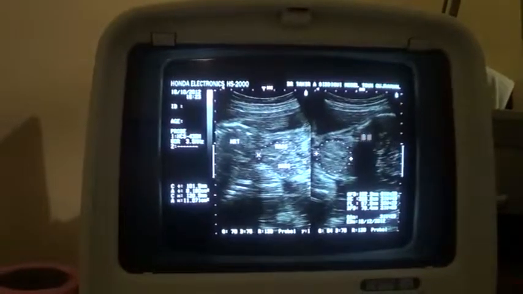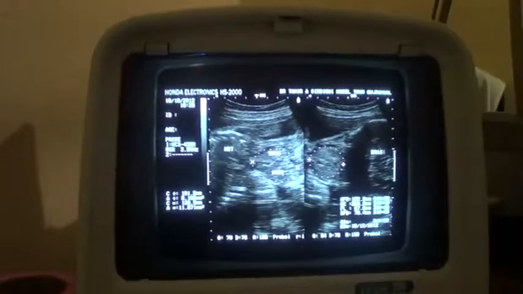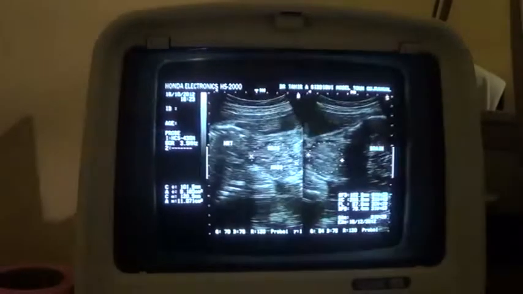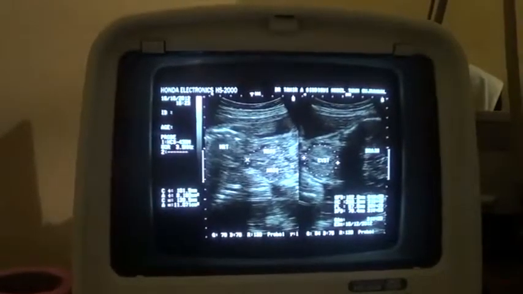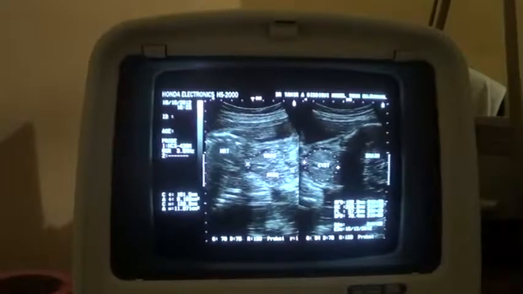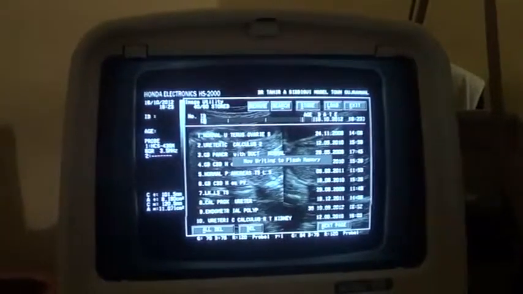This is the brain. I am saving the image for further study for myself.